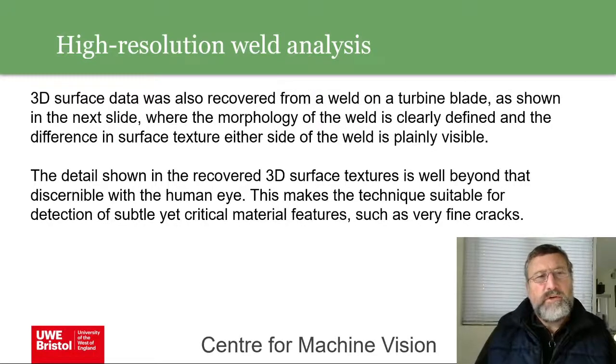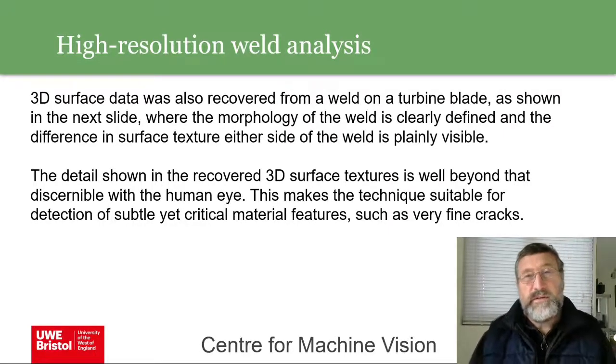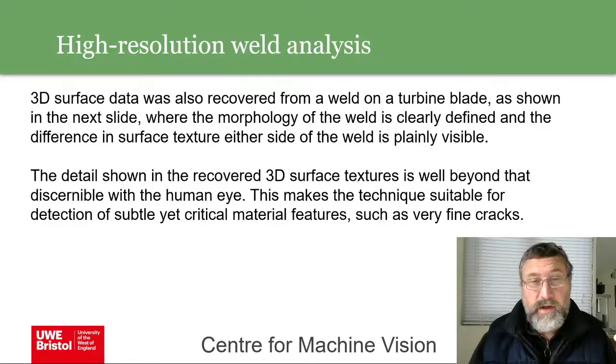We also got 3D surface data from a weld on the turbine blade, which is shown in the next slide. You can clearly see the morphology of the weld, and there's also a nice difference in surface texture visible on either side of the weld. This isn't the sort of thing you can see very clearly with the human eye.